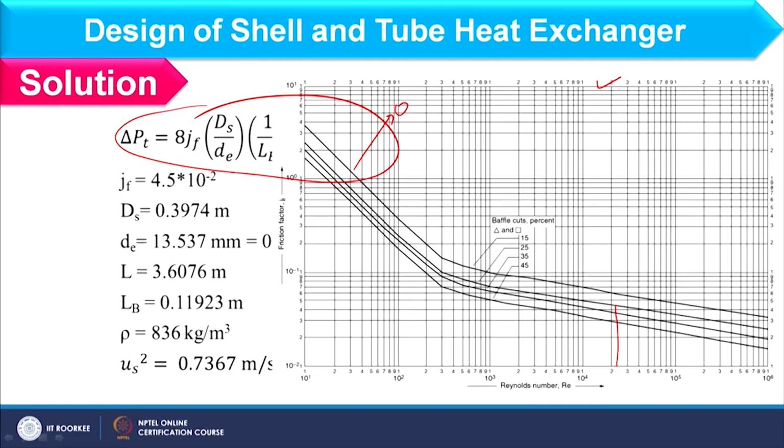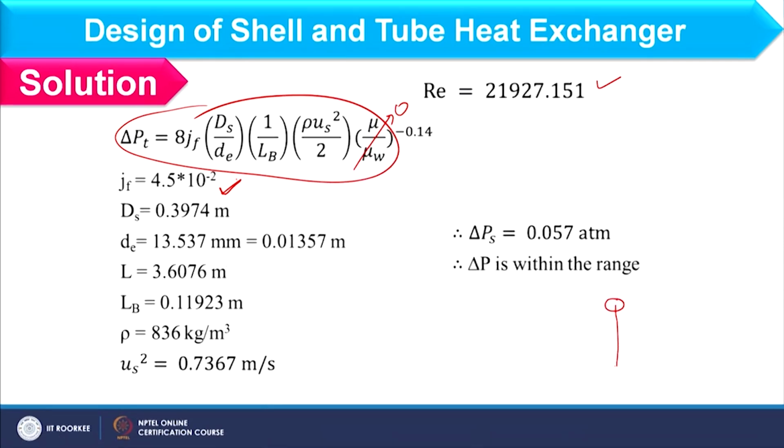So you can find out the value of JF at this point, which will be around 4.5 into 10 power minus 2, and here you should consider effective length, because shell side, whatever length is available in tube sheet, it will not give any pressure drop or any friction.